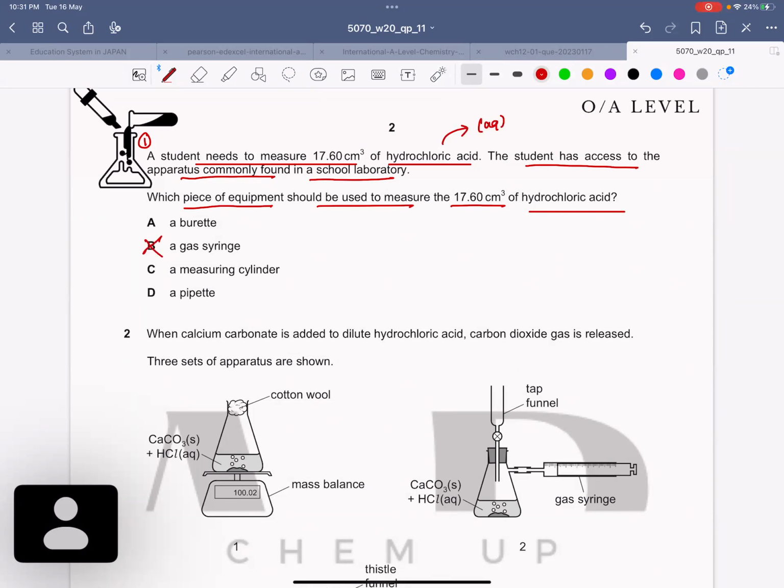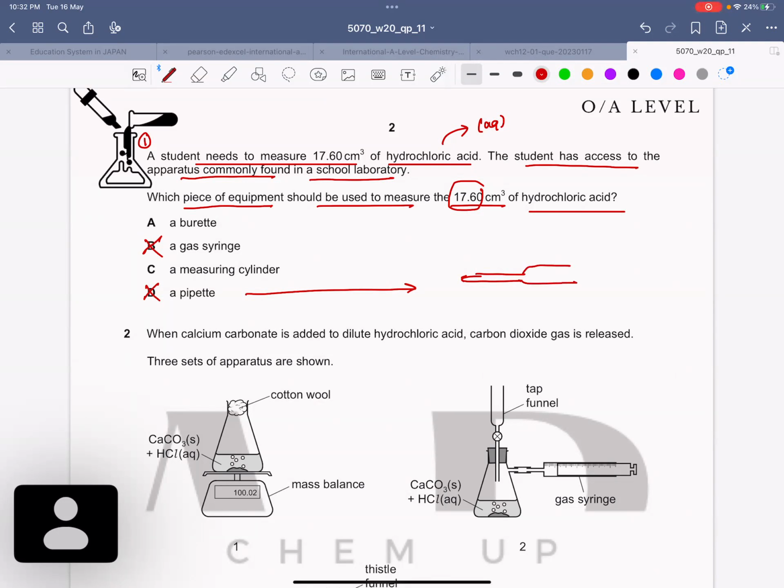The other thing, if you see the reading that we have to measure, 17.60, right? Which means a pipette also can't do this, because a pipette has only one measurement in it.